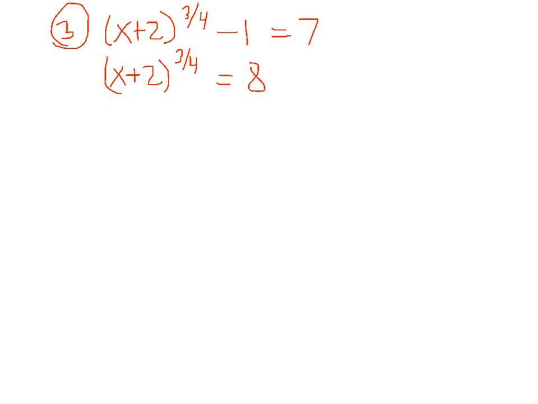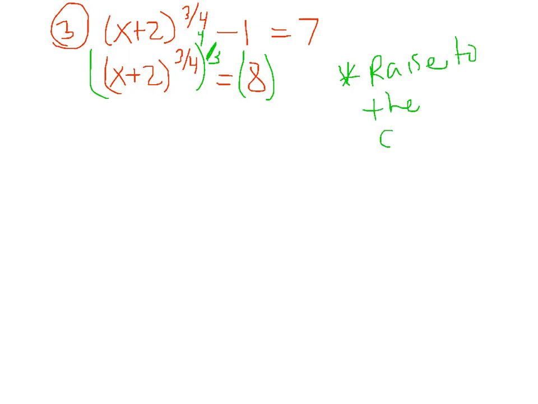Now, in order to get that 3/4 power to be a power of 1, because we want to make that exponent go away, we're going to need to raise both sides to the same power. When we raise it to another exponent, we'd be multiplying our exponents. If we want to multiply them together to be 1, we're going to raise it to the reciprocal power.